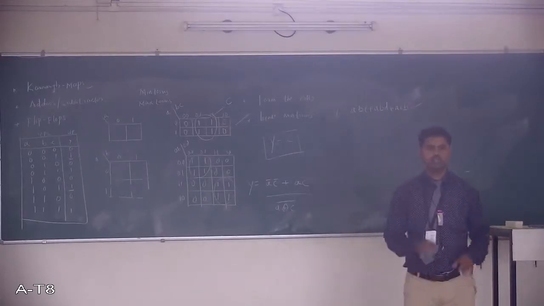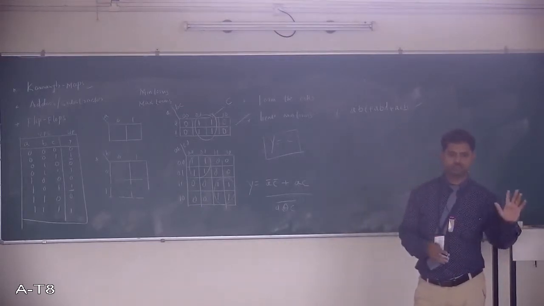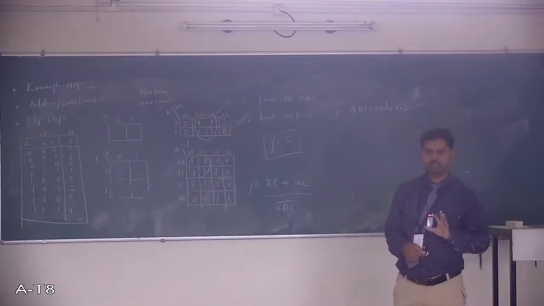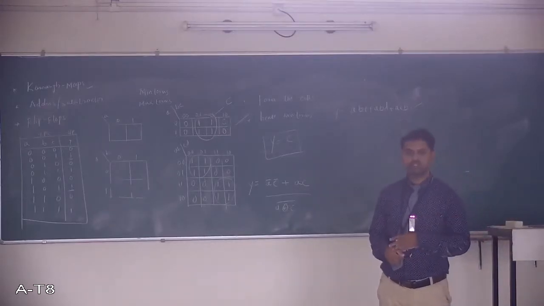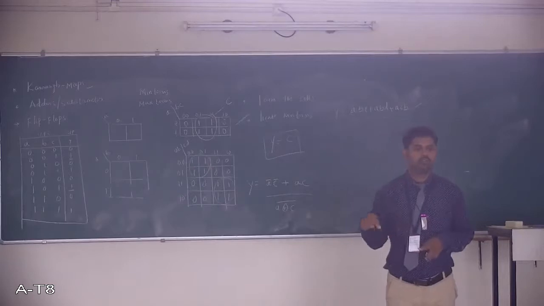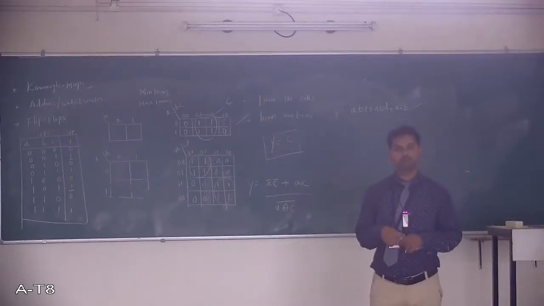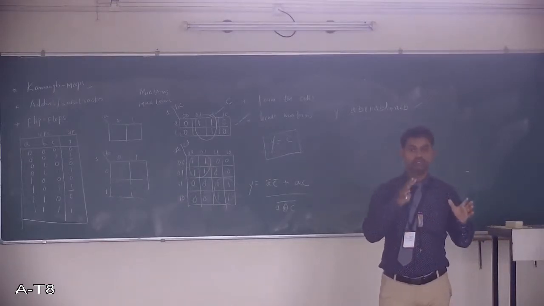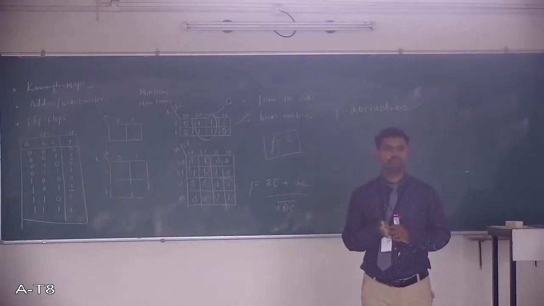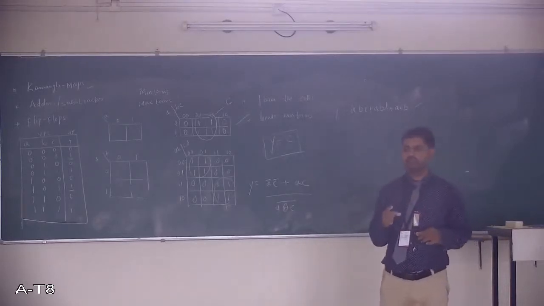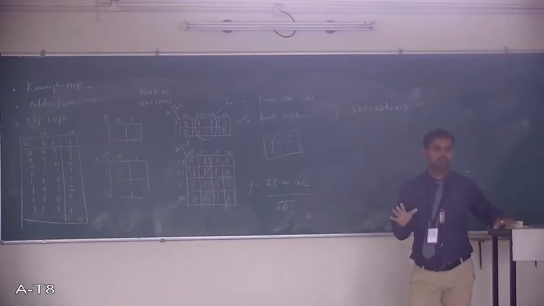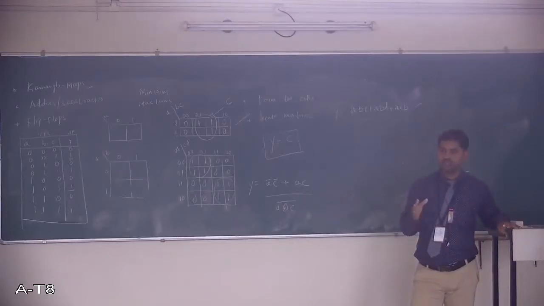There will be a couple of cells based on the input. Every cell has to be identified with either a 1 or a 0, and you have to do some kind of encircling grouping with respect to only logic 1. And if you want to do the grouping, they should be adjacent, side by side.